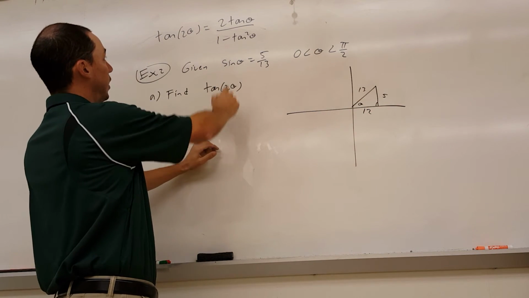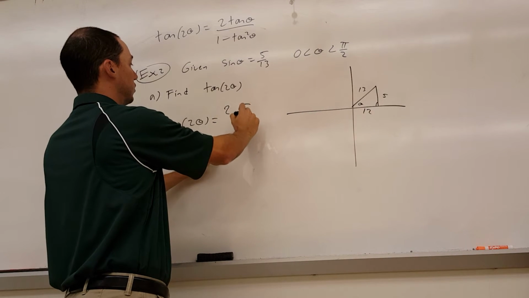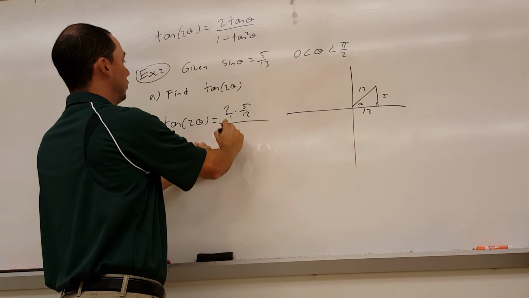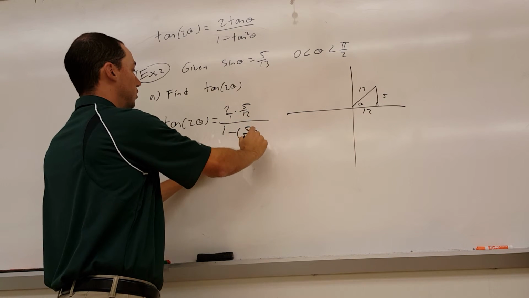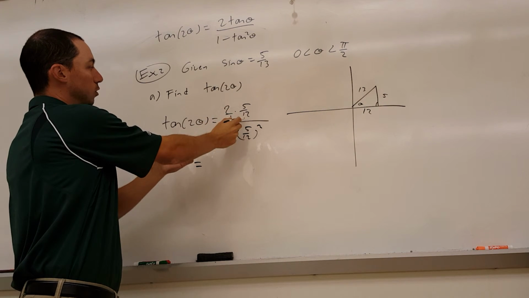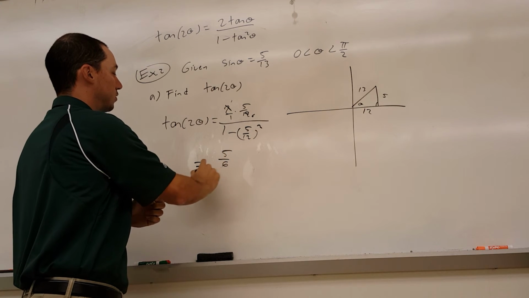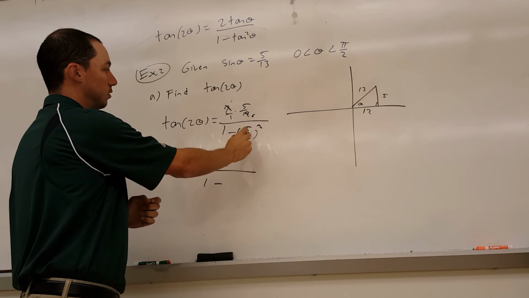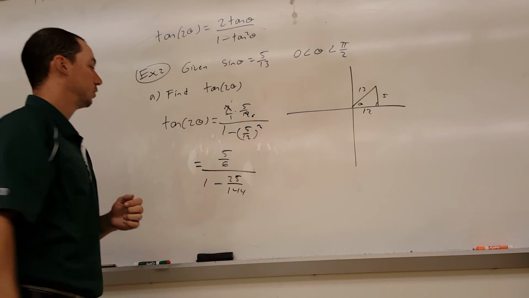So tangent of 2 theta is going to be 2 times the tangent of theta, which is 5/12, over 1 minus tangent theta squared, 5/12 squared. Let's see, 2 over 12 cancels. It's 5 over 6, all over 1 minus 25 over 144.